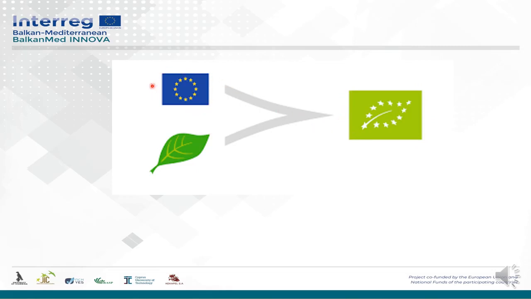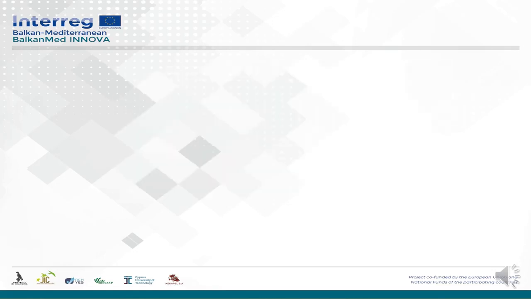How did they come to this idea? Having the logo of the European Union and the leaf, which is the symbol of green, a mixing of them brings us to the idea of this logo.